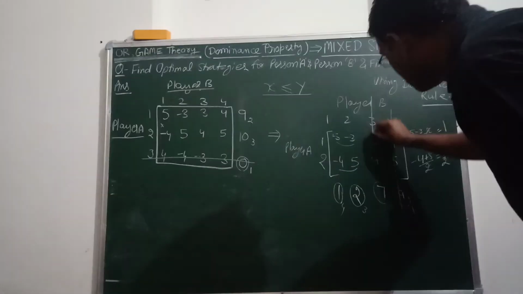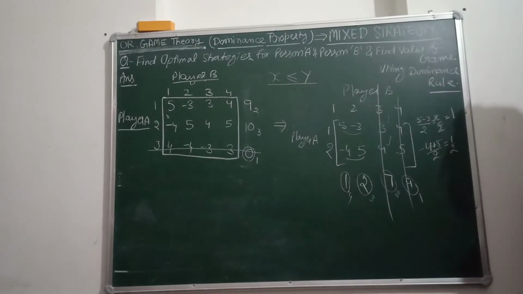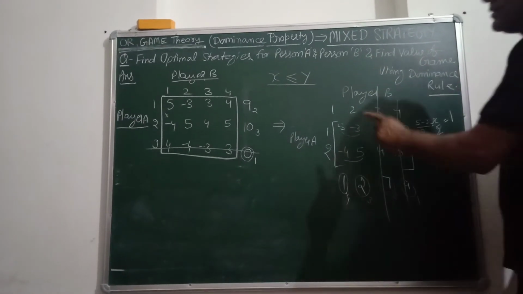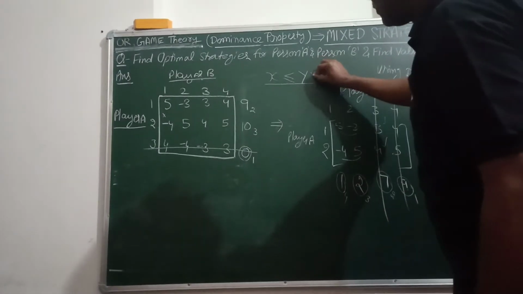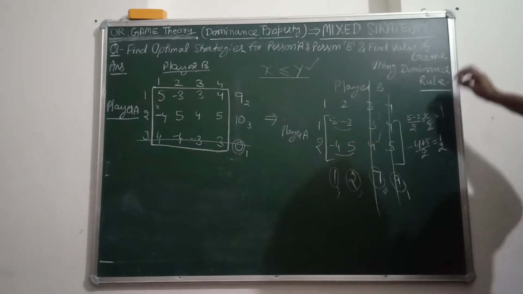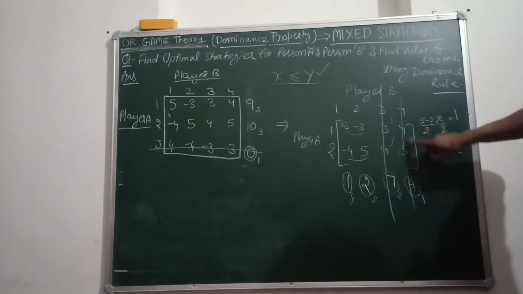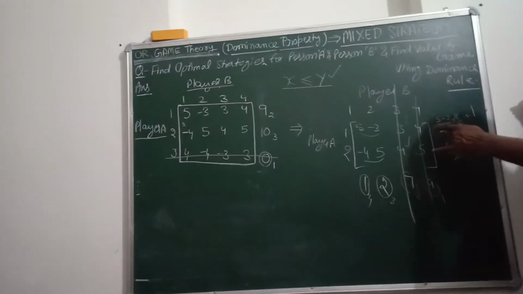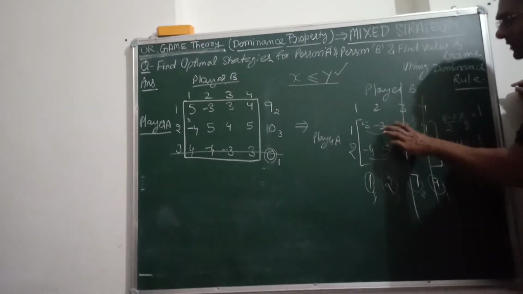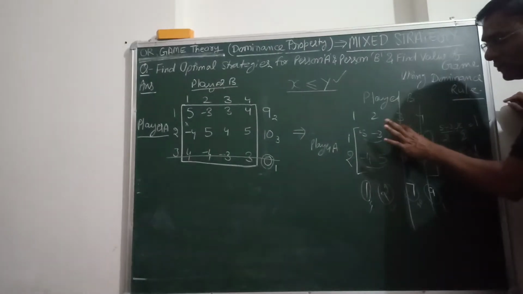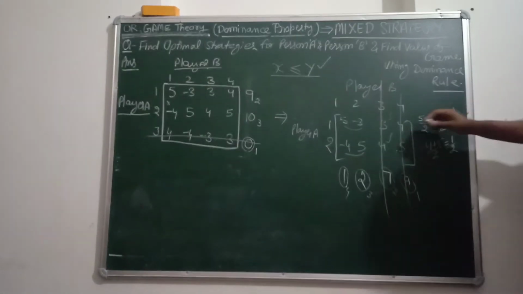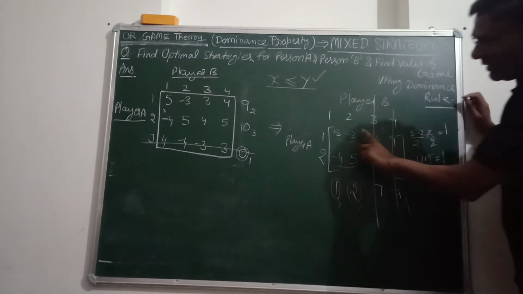So this is the elimination of column 3. As in this example we have used the rule of dominance of rows, the rule of dominance of columns, and also the average method for dominance of a column. Okay, now the matrix has been again reduced to 2 by 2.